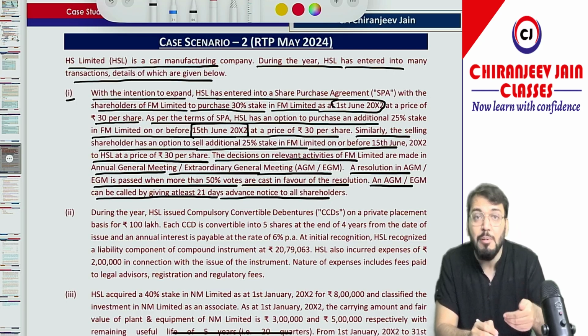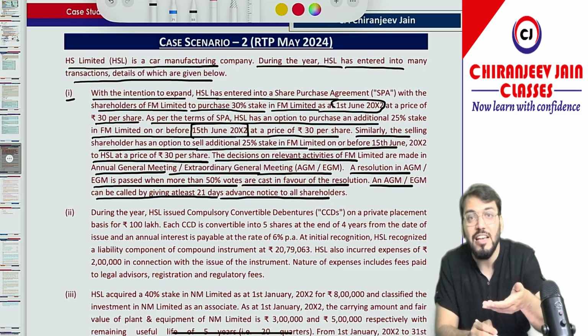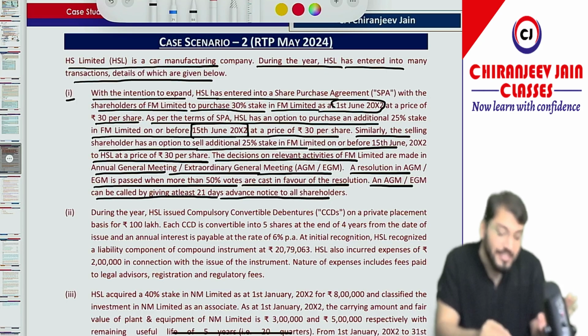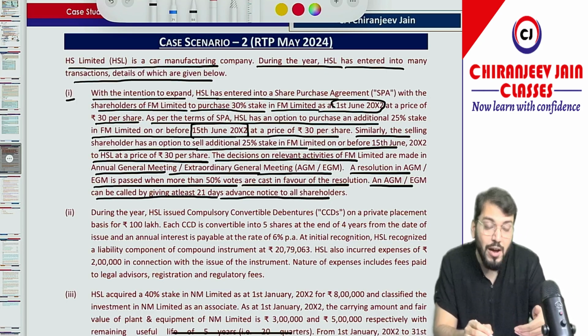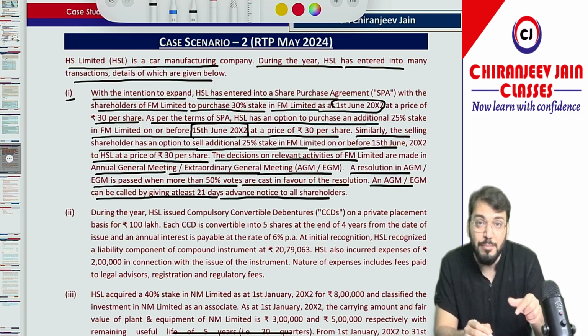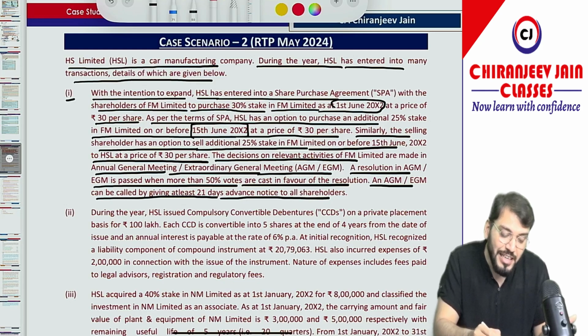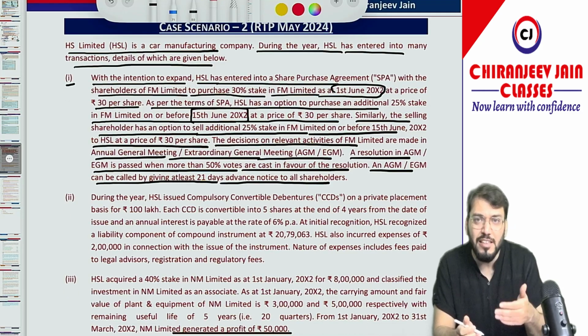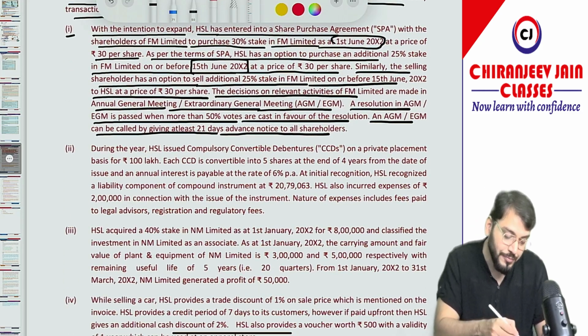So they have power over the investee, which gives the current ability to direct the relevant activities. Therefore, HSL Limited has control over FM Limited, and FM Limited will become a subsidiary, and in this case the date of acquisition should be 1st June 2002. Let us see what MCQs they have given.